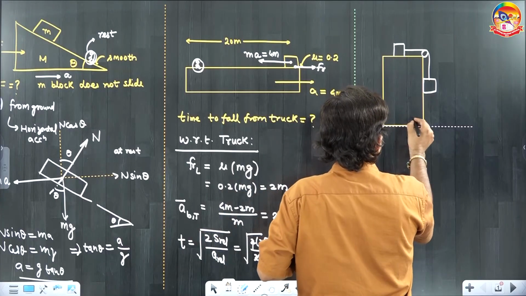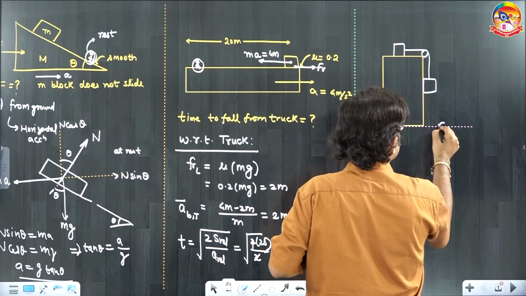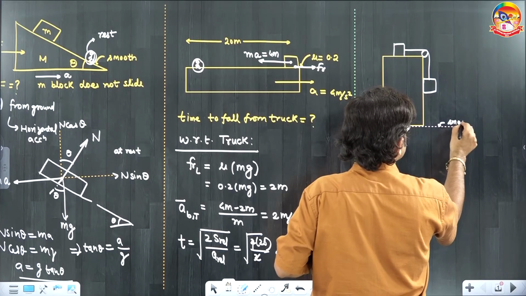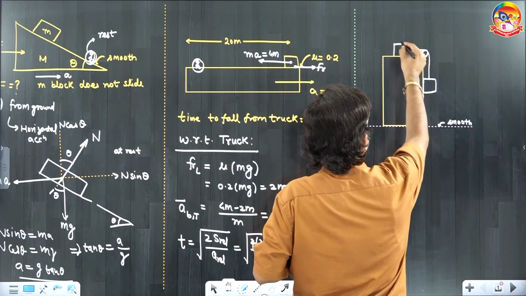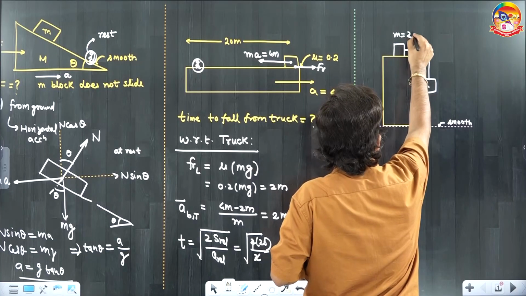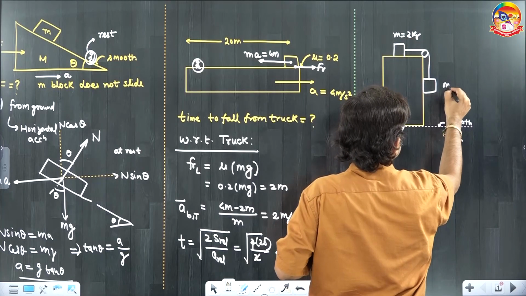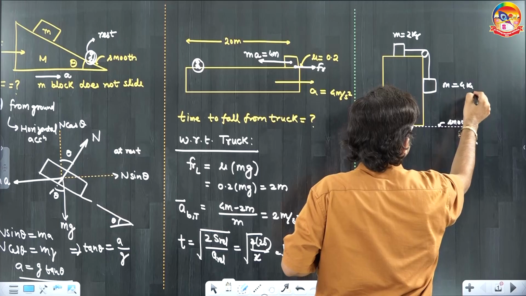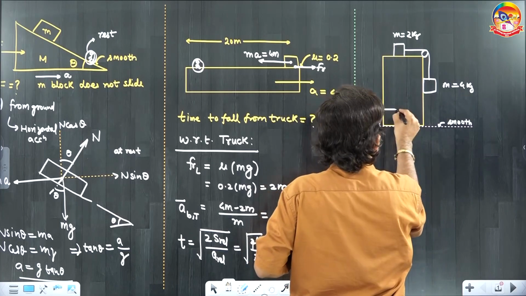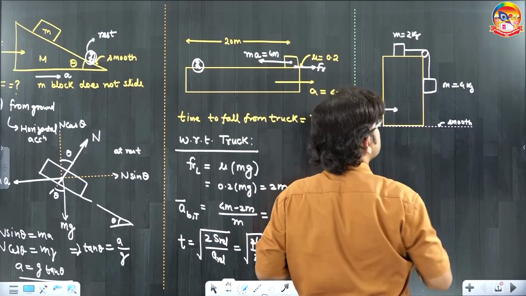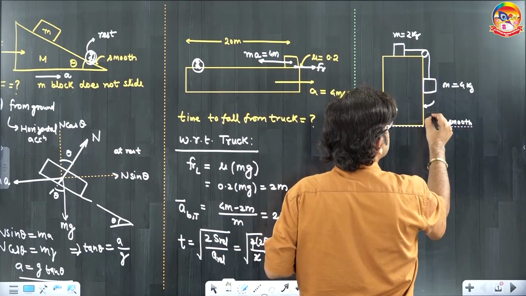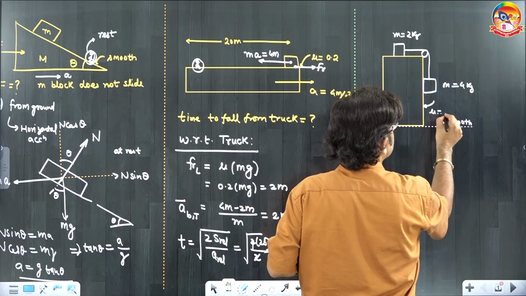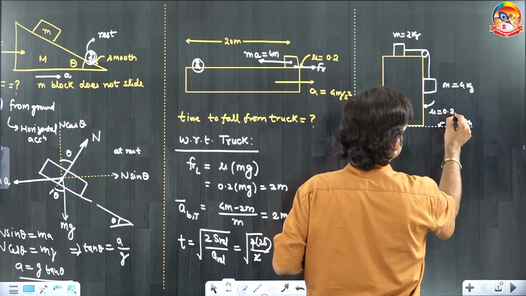There is a smooth surface over here. Now this mass is, let us say, 2 kg, this mass is, let us say, 4 kg. With what acceleration should this wedge be moving? Here the friction is rough, mu is equal to 0.2.